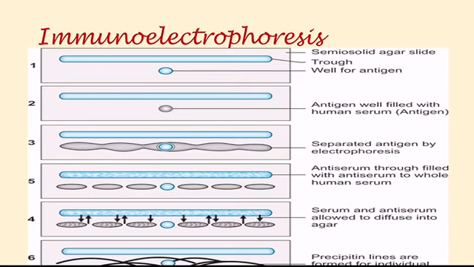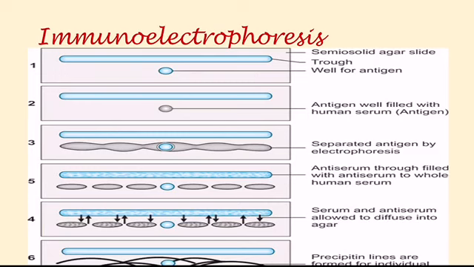Immunoelectrophoresis is a process combining immunodiffusion and electrophoresis. Immunodiffusion and electrophoresis are combined in this process, that is why it is called immunoelectrophoresis. It is a method in which different antigens in the serum are first separated under the electric field based on the charge.